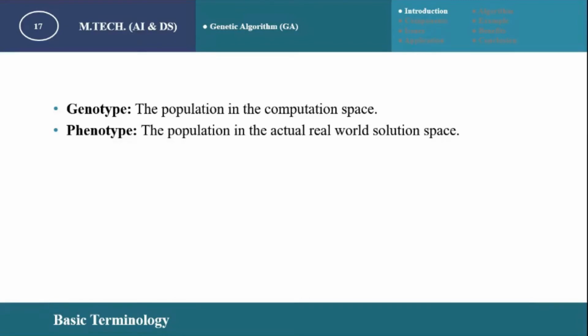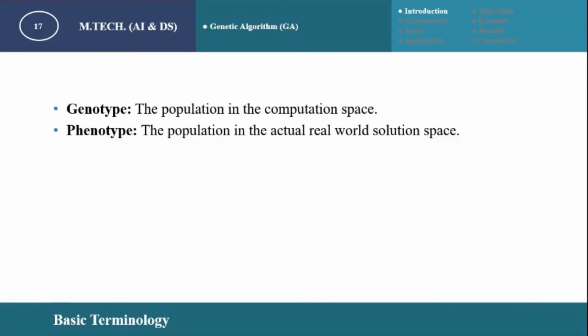This particular representation, that is the 0, 1, 0, 1 representation, may be meaning something in the actual real world solution. Suppose we are using the traveling salesman problem.